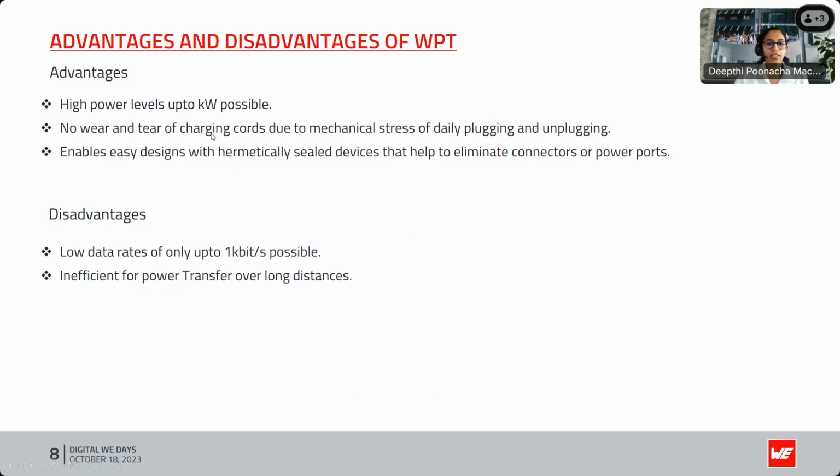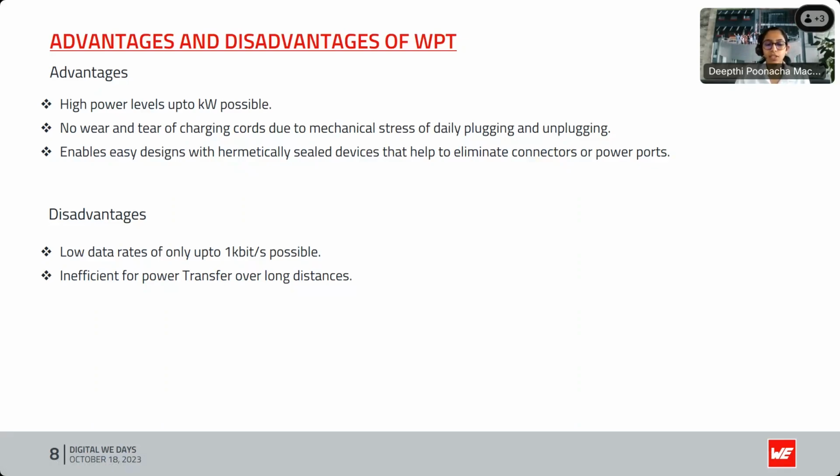And there's no wear and tear of any charging cords due to mechanical stress of daily plugging and unplugging it. And we can make easy designs with hermetically sealed devices, protecting them from moisture in the environment, which may result in corrosion later, and also eliminate connectors or power ports.